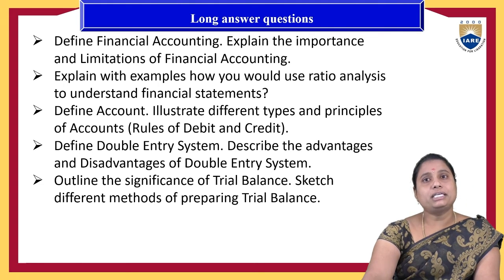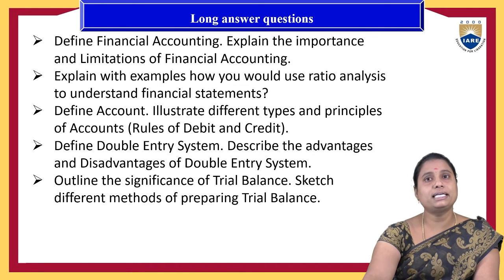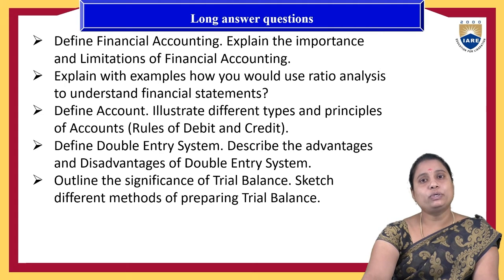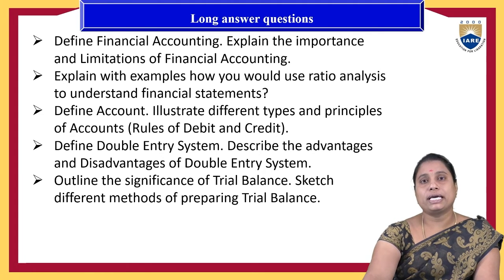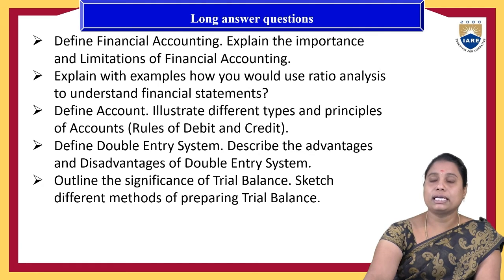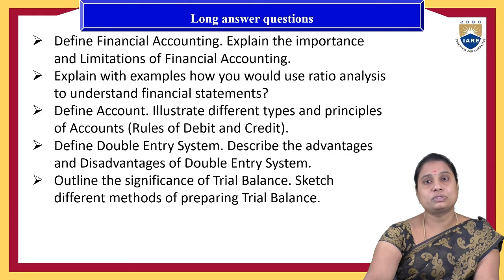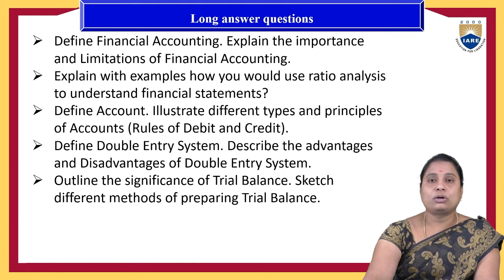And define account, illustrate different types and principles of accounts like rules of debit and credit. So account we need to explain and the three types: personal account, real account, nominal account. What are the examples and the meaning of the personal account? Again, personal account categories: natural person account, artificial person account, person's representative account.